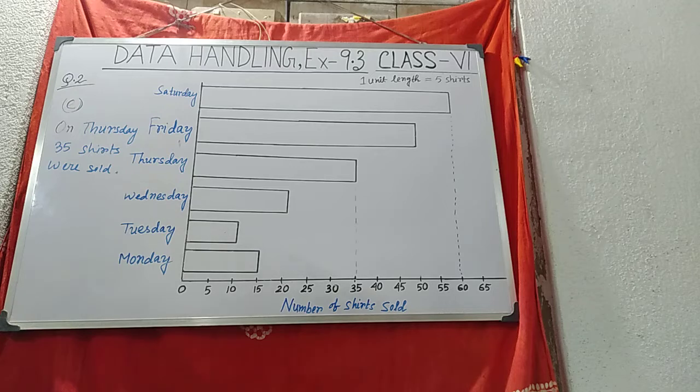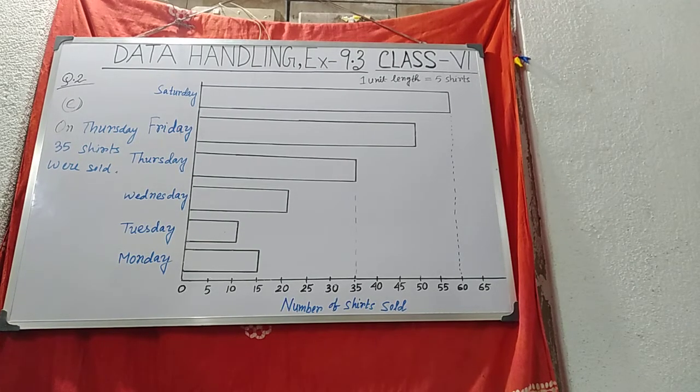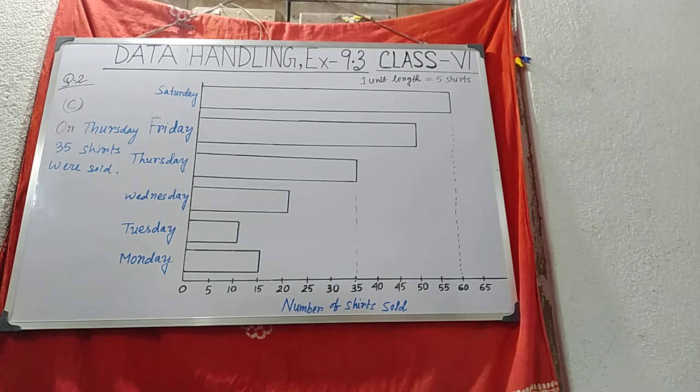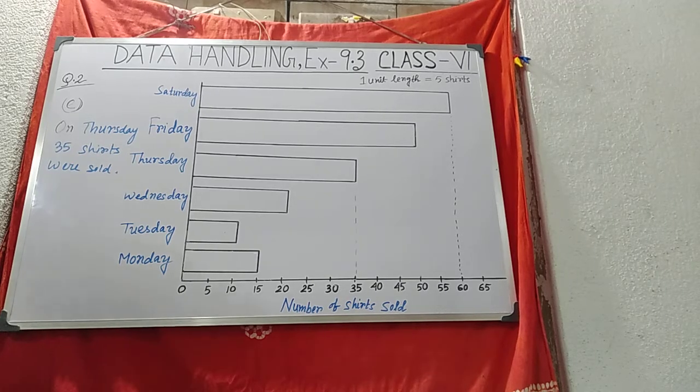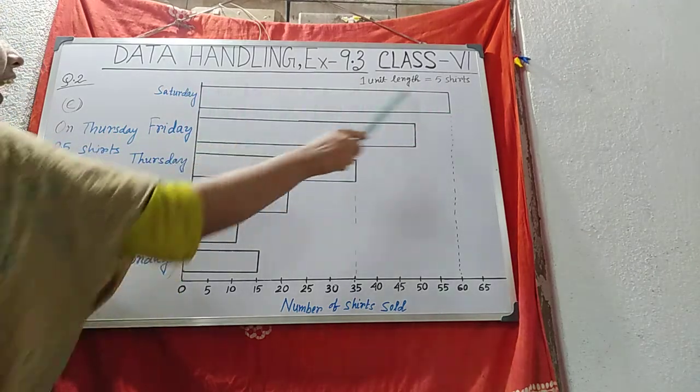Okay. Now our third question, on which day were the maximum number of shirts sold? We can easily get this answer if we observe the bars carefully. The bar which has the highest length will be our required answer, meaning that particular day will be our required answer. Here we can see that on Saturday the bar has the highest length.